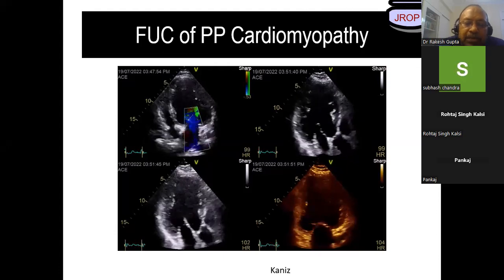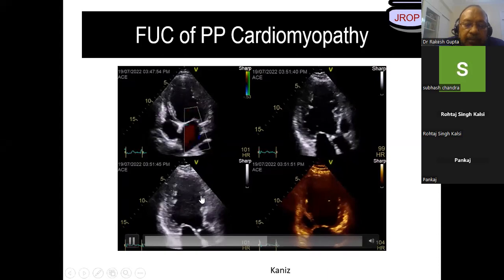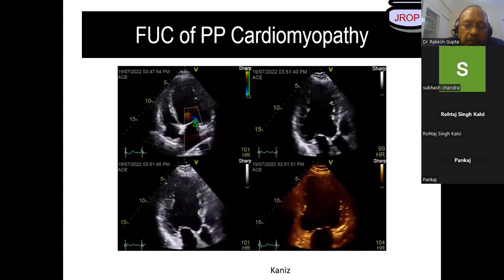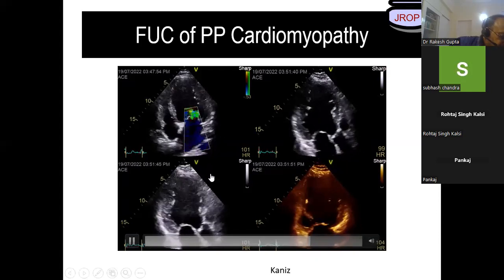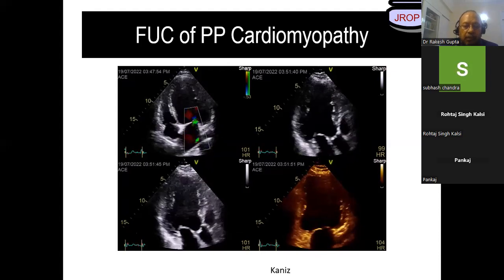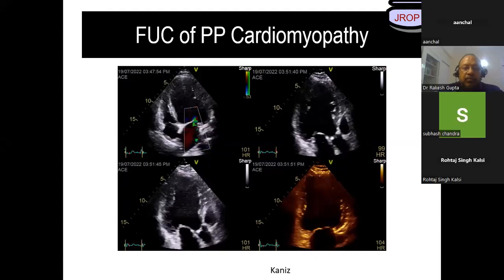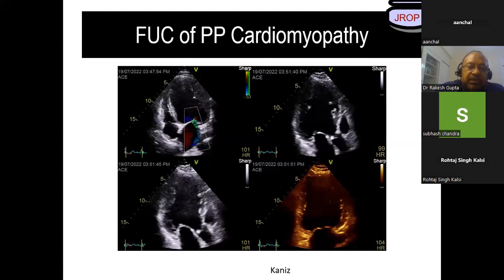What is the abnormality in this view, Prakhar? Hypokinesia of the apical anterior septum wall. Apical anterior septum? We just discussed a few minutes back, there is nothing like apical anterior septum. Global hypokinesia, I think. Where is global hypokinesia, man?